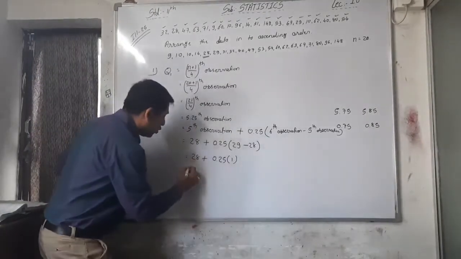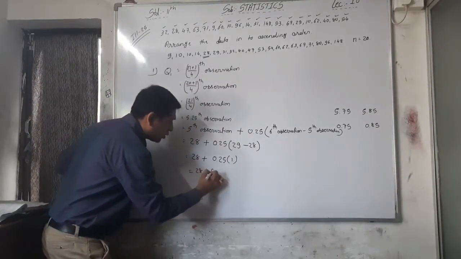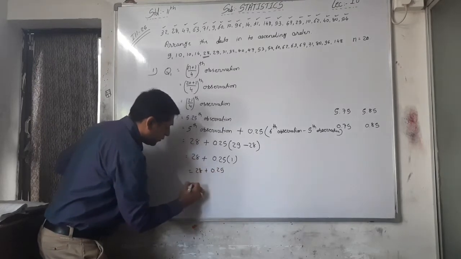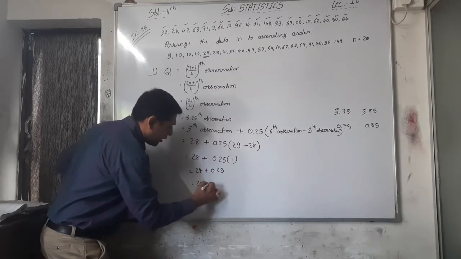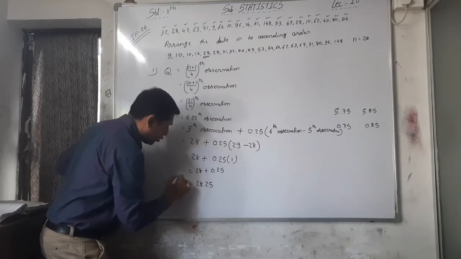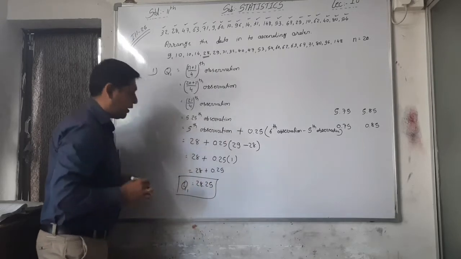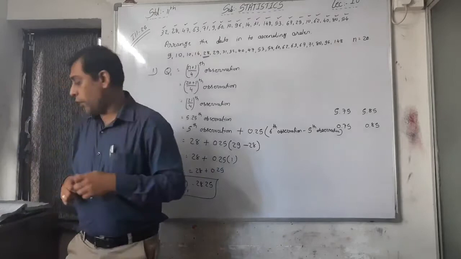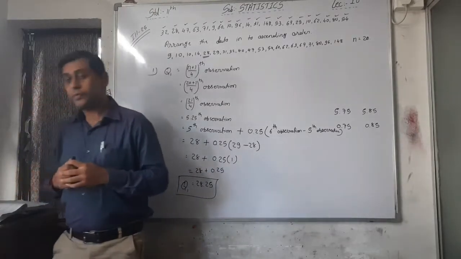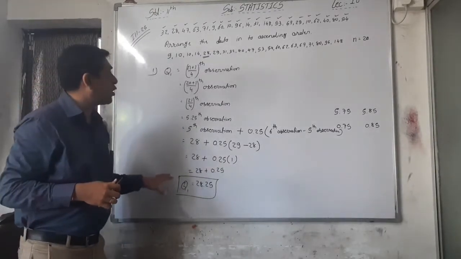So 28 plus 0.25, the answer is 28.25. Your Q1, first quartile, is 28.25 runs.